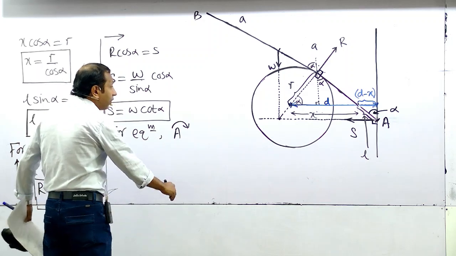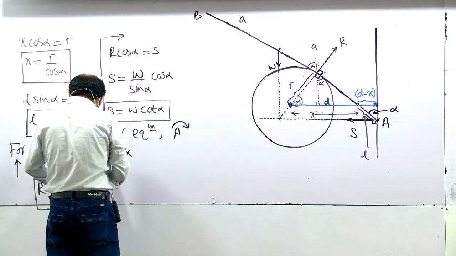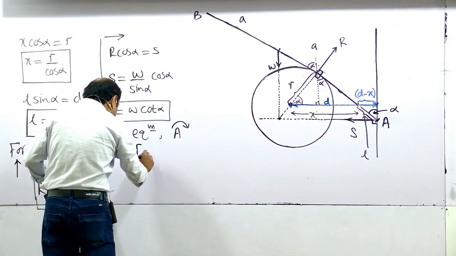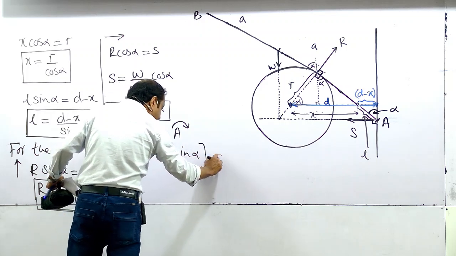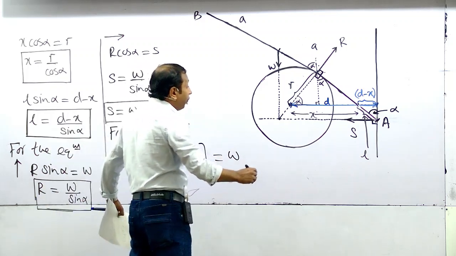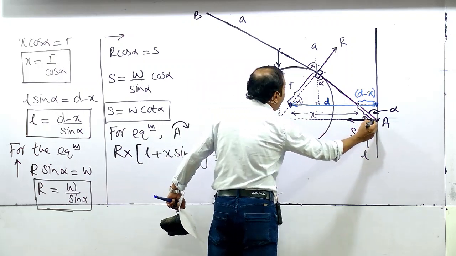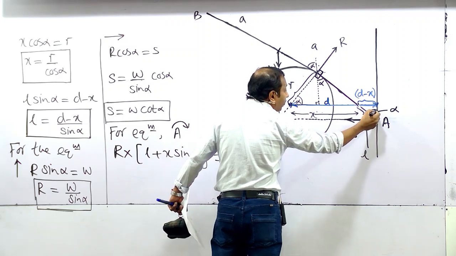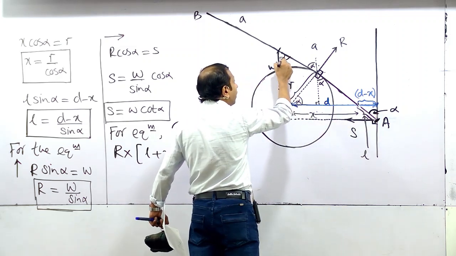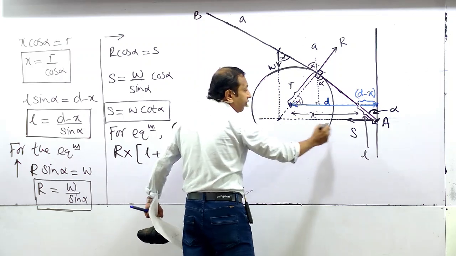Right. Okay, R into what? L plus x sin alpha equals what? W into, what is the length from here to here? From here to here, it's a. If this angle is alpha, this is also alpha. But we need the length from here to here.